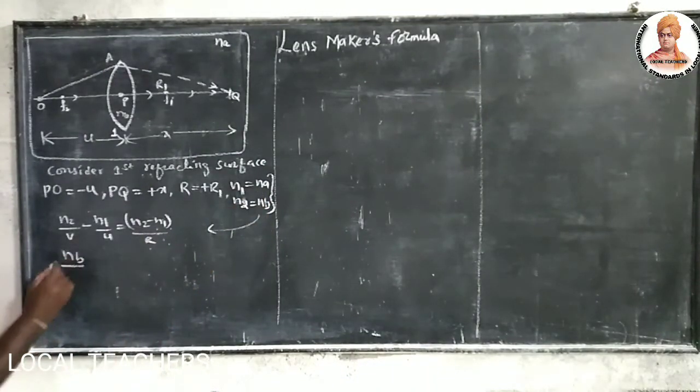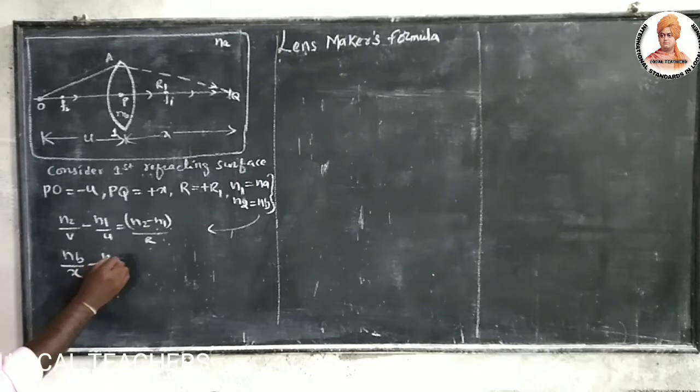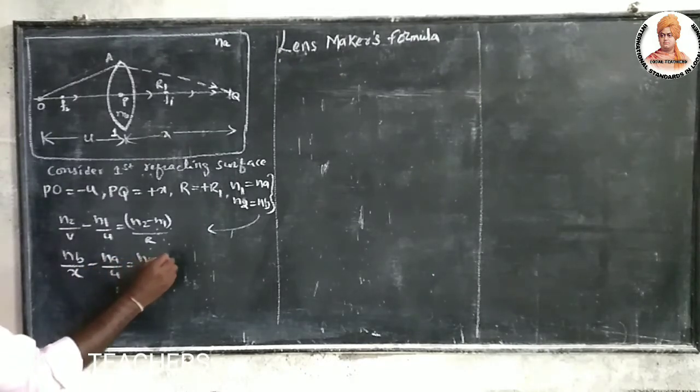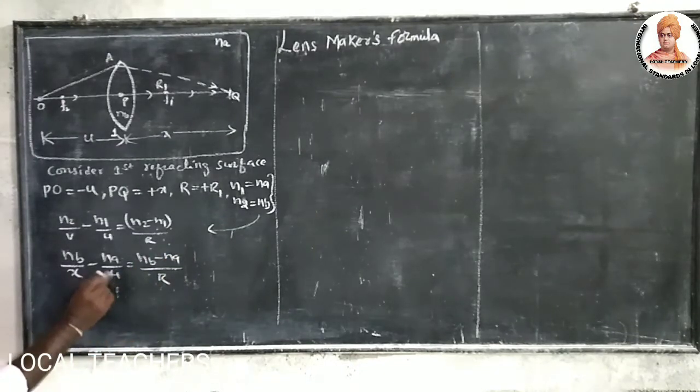So Nb by v is here x, minus Na by u, equals Nb minus Na by R. Here u is minus u.